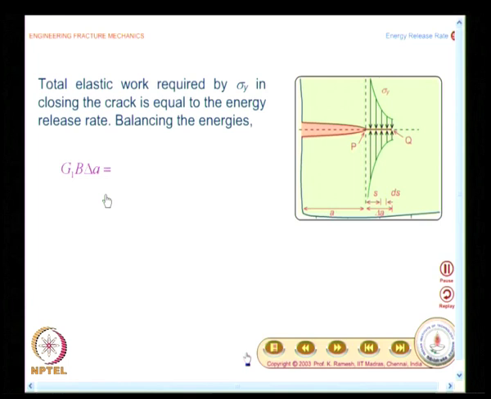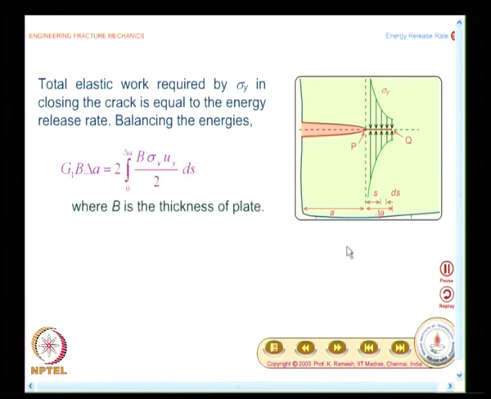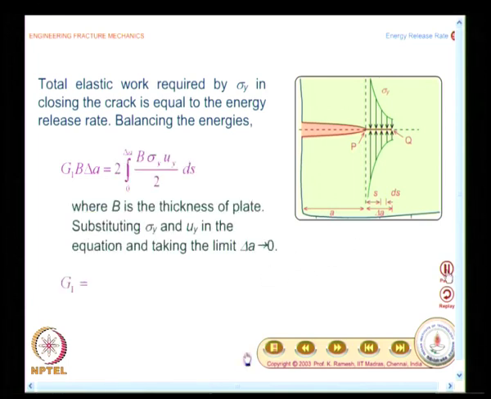Because if you take any book, they would have followed in a particular fashion, you should be able to quickly associate whether it is developed for unit thickness or whether it is developed for constant thickness b, and so on and so forth. This is very important. So, now we have the expression for energy. So, this is nothing but 0 to delta A. I am closing the top surface, I am also closing the bottom surface.